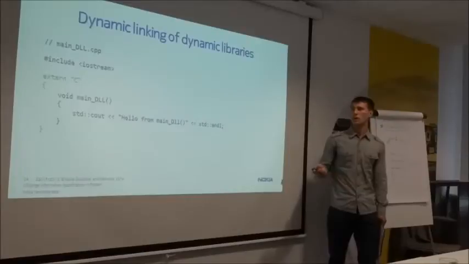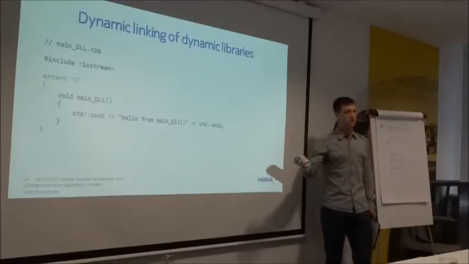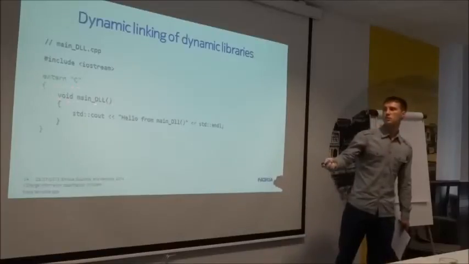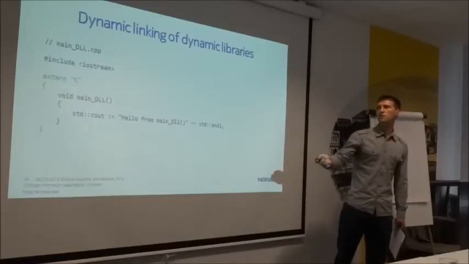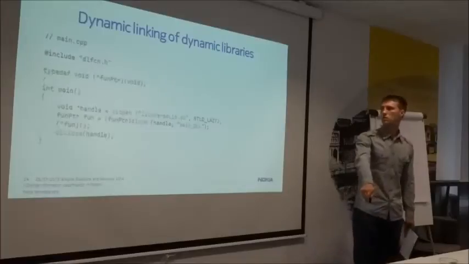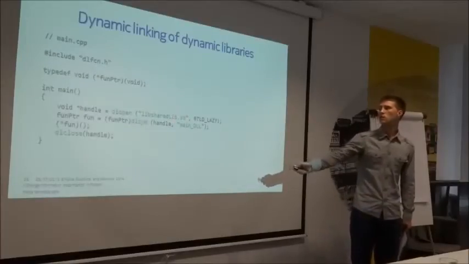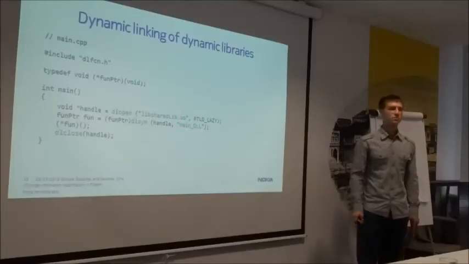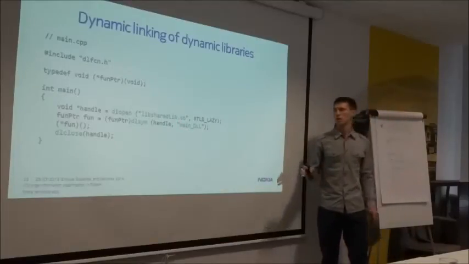Simply, in order for this function to be callable from C code, or in this example, we should know the real name of the function. Because if it is decorated, you will see on this slide, here we can simply put the name of the function with no decoration.